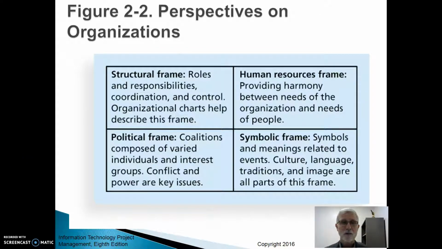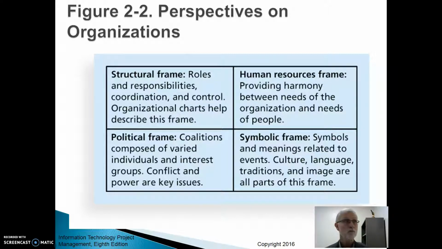Other things that come into play when you're managing organizations: I have to understand the structure of the organization. An org chart shows who's on top, who are the vice presidents, managers, who's going to be the working staff. Then there's human resources, the needs of the organization versus the people. Political: are there any political issues I need to worry about?